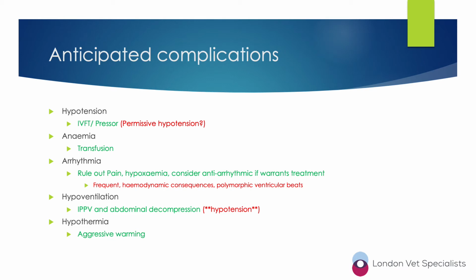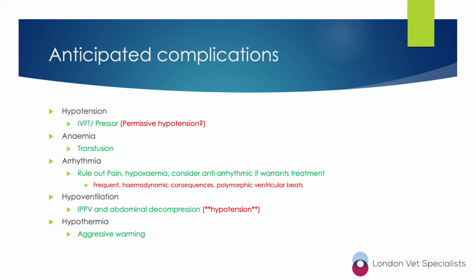Because of the effect of the bleeding in the abdomen and increased volume of the abdomen, you may struggle with hypoventilation. So you may need to give the animal a little bit of help with that with some IPPV. And potentially you can decompress the abdomen, although this is usually done when the abdomen is open, particularly if you're hoping to collect the blood for autotransfusion, which we touched on a little bit earlier.